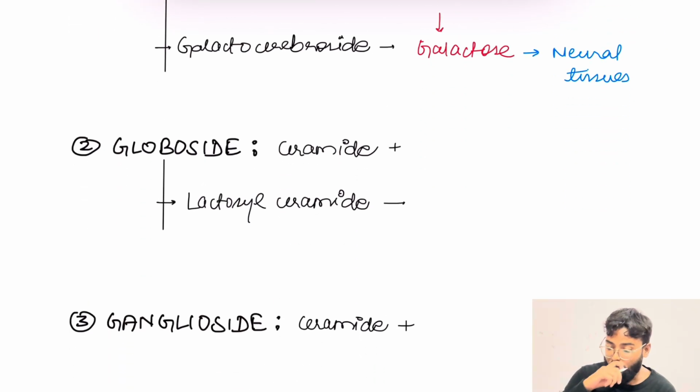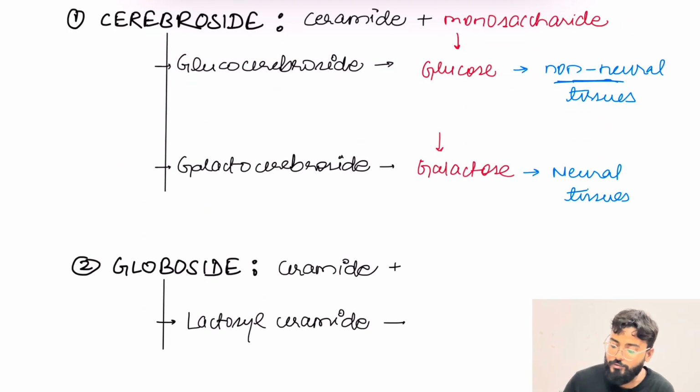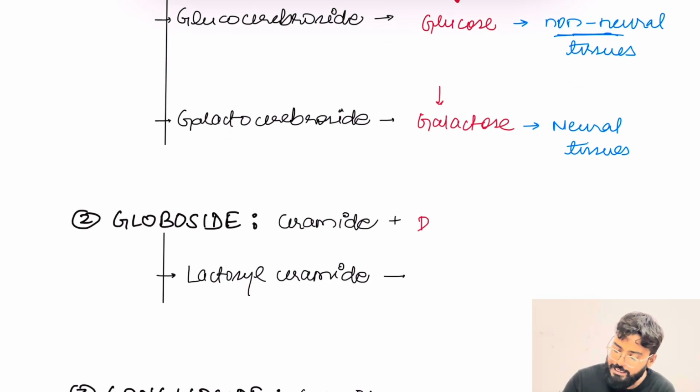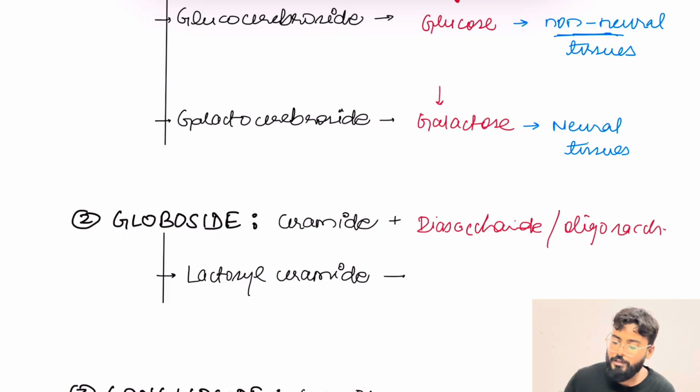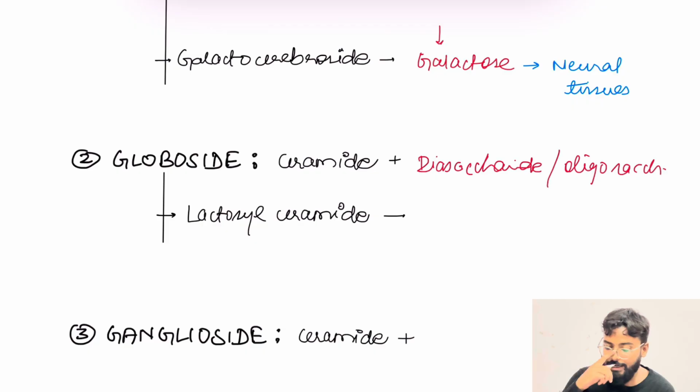Another one is globosides, where the ceramide combines with a disaccharide or oligosaccharide. One example is lactosyl ceramide.